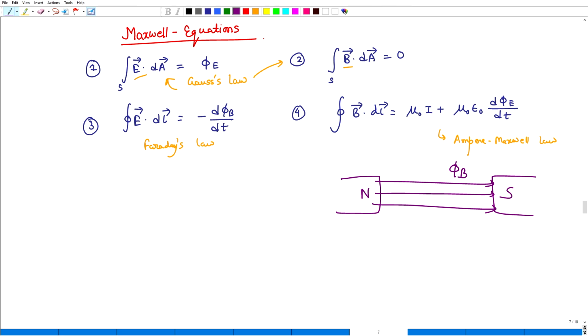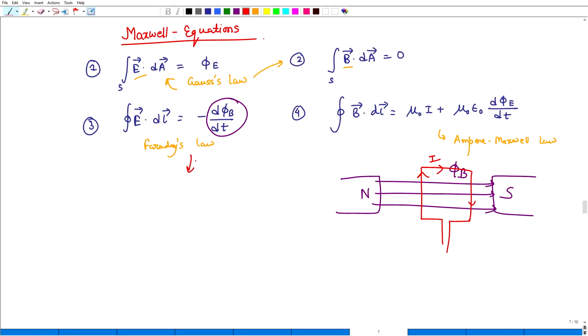So there will be a change in magnetic flux with respect to time. In that case, if we put a wire like this, then there will be a current I. So it means that a magnetic field which is changing with respect to time can create an electric field.